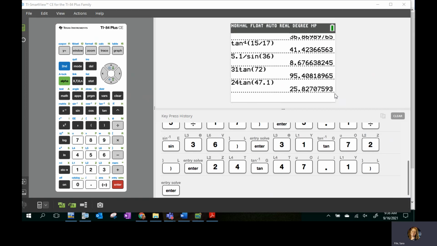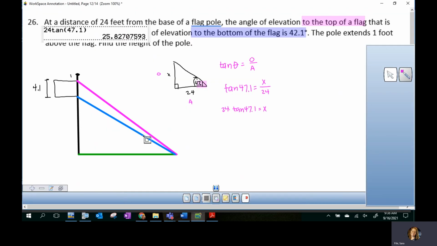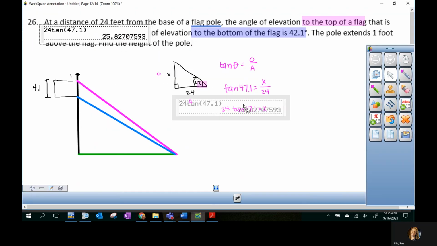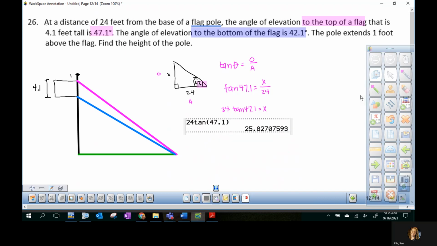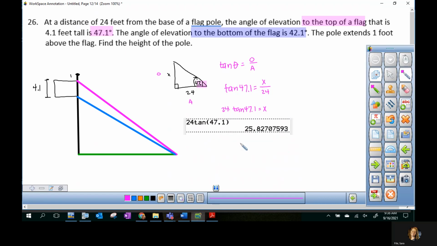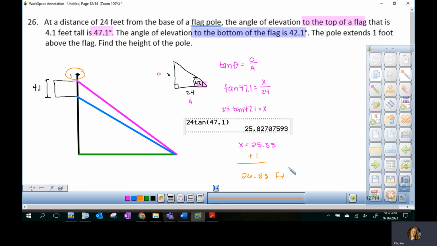So 25.83, but I have to add that 1 in. And those were all measured in feet.